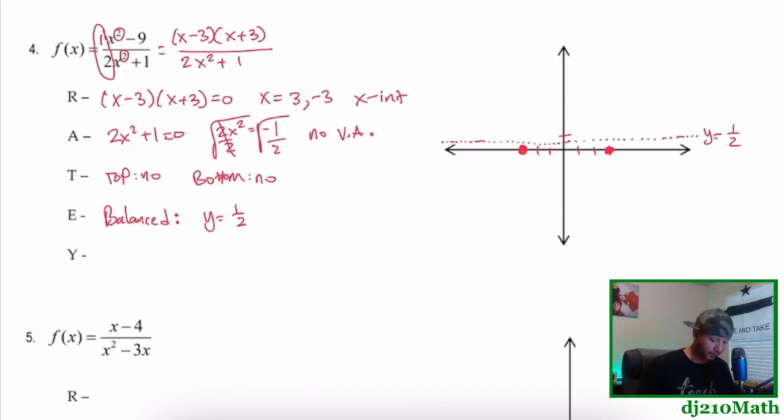All right, and we look at the y-intercept. Is there a y-intercept? So when x is equal to 0, we get 0 minus 9 over 0 plus 1, which is negative 9. Y equals negative 9.